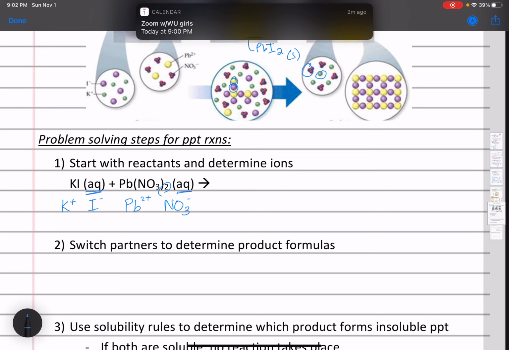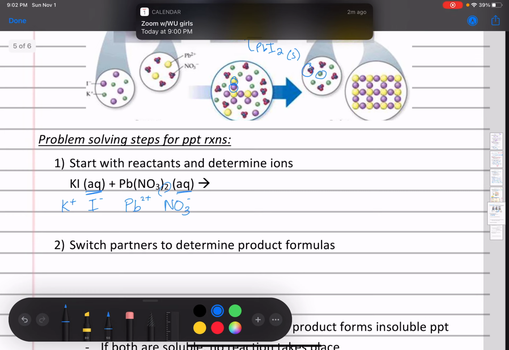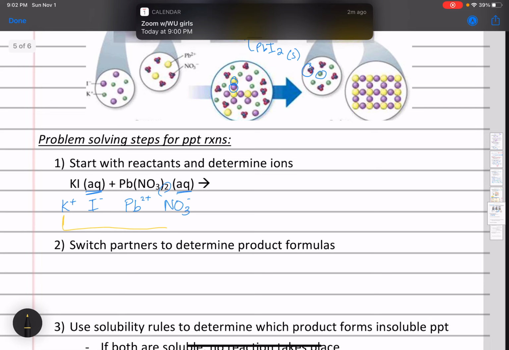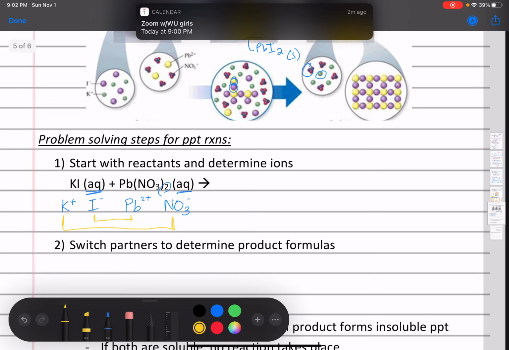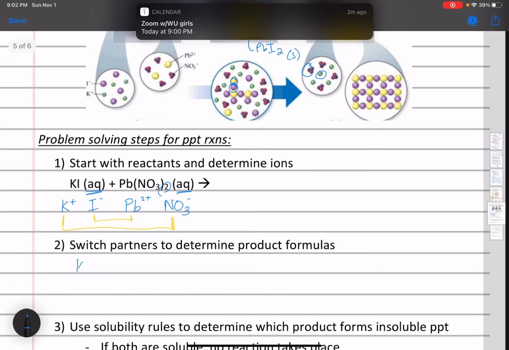The second thing we want to do: we know this is a double displacement reaction, so we want to swap the partners. We want potassium to pair up with nitrate and iodide to pair up with lead. If potassium and nitrate get together, that forms potassium nitrate.